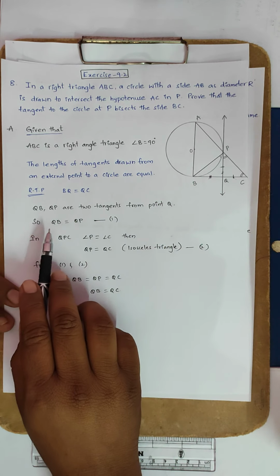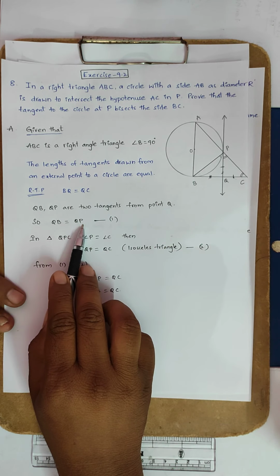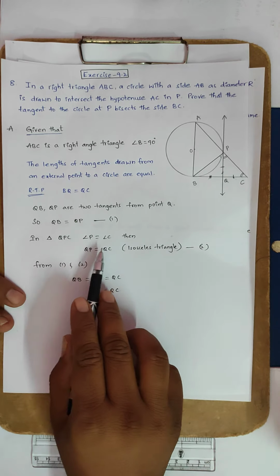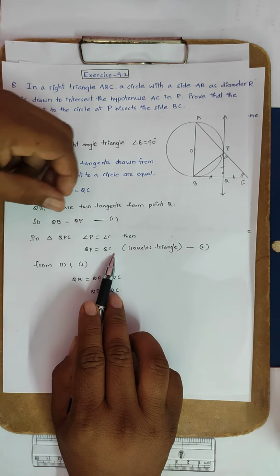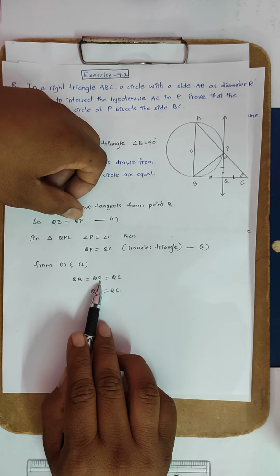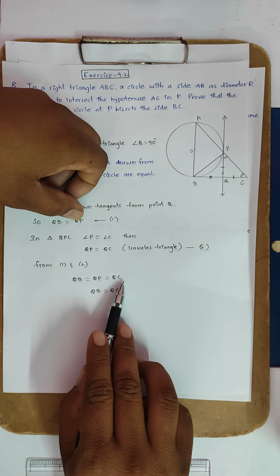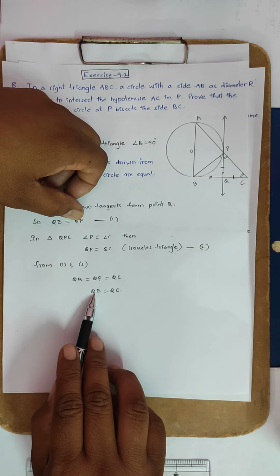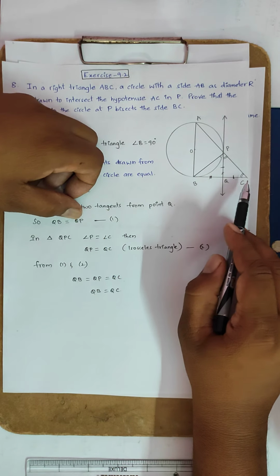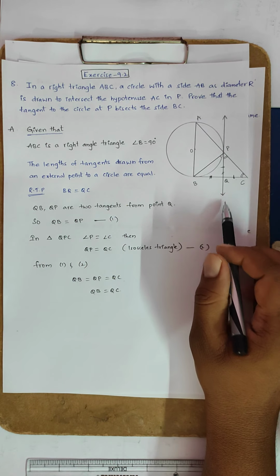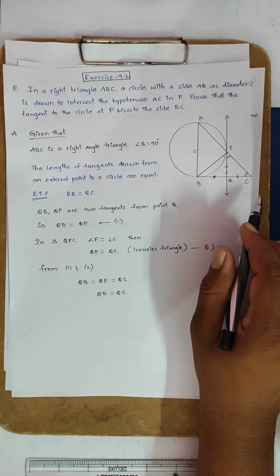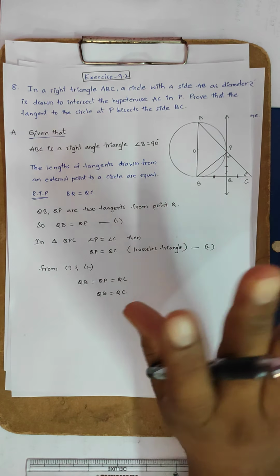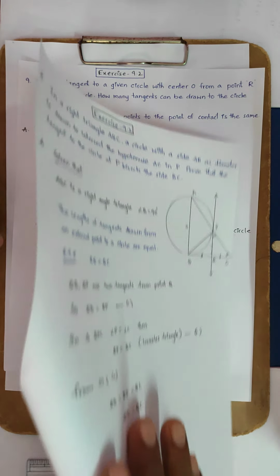From 1 and 2: in 1, QB is equal to QP, and from 2, QP is equal to QC. Right, first QB is equal to QP. Now the QP value is QC. So finally QB is equal to QC. So PQ bisects BC. Hence we proved. The 8th one is also completed.